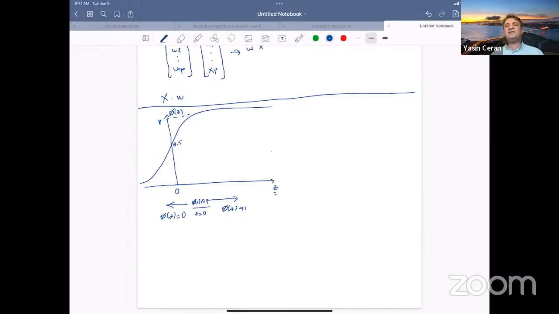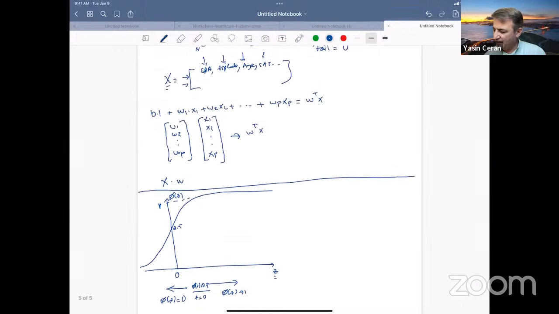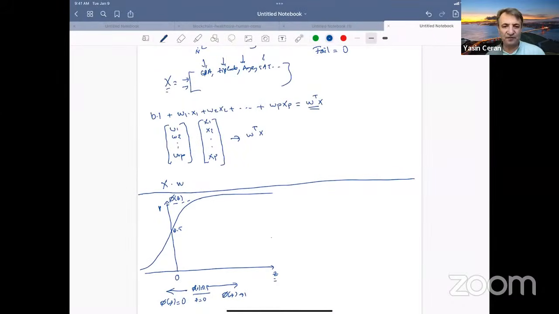If I had such a function, I can turn this linear combination, the weighted summation of the x's, the weighted summation of attributes, w transpose times x, or capital X times w. These return some values.